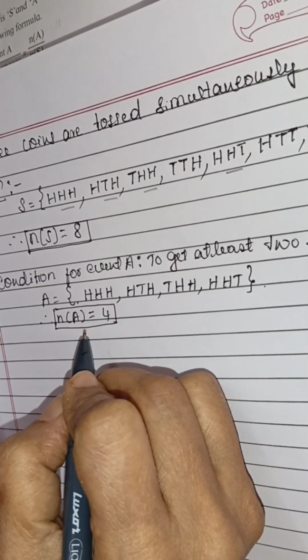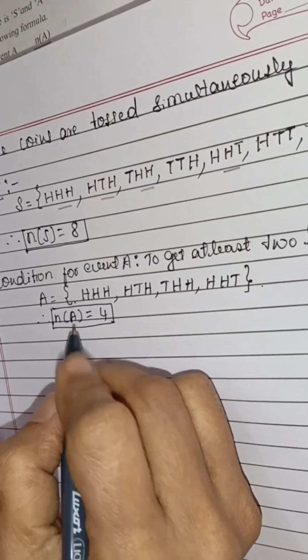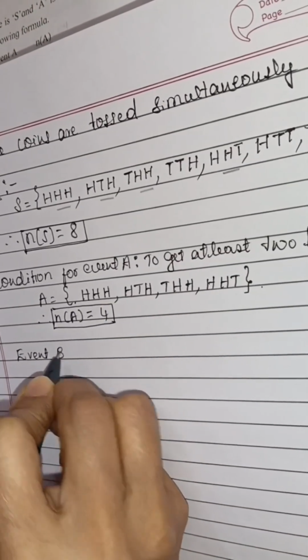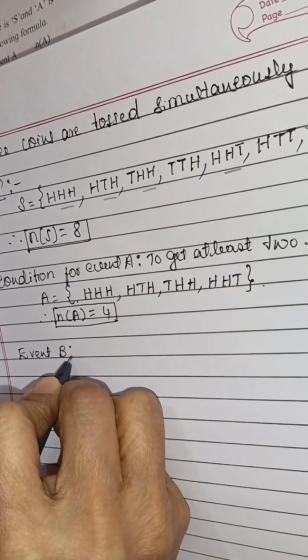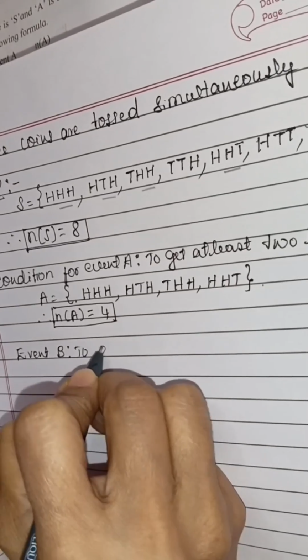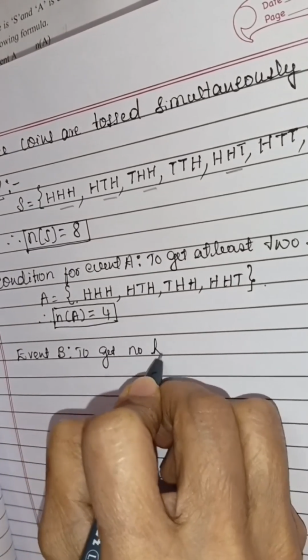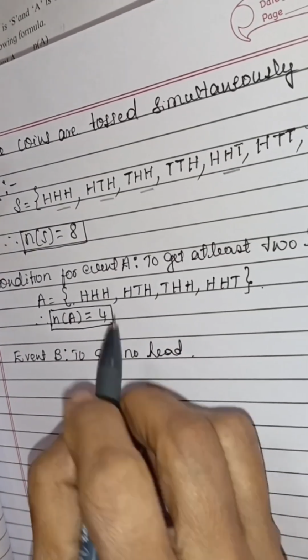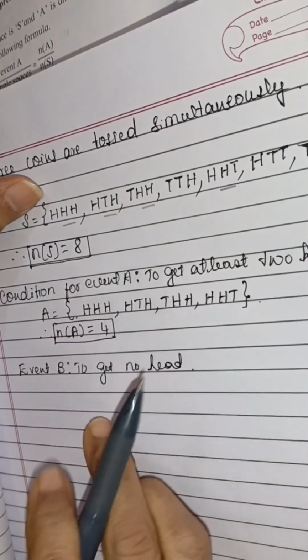Now event B is to get no head. From the sample space only you have to take the subset.